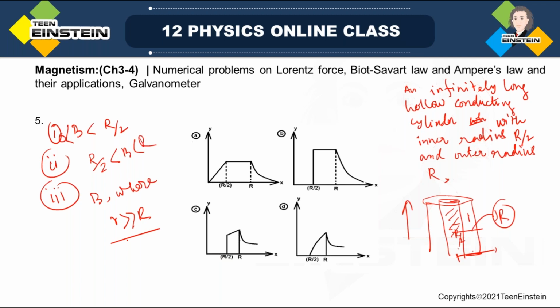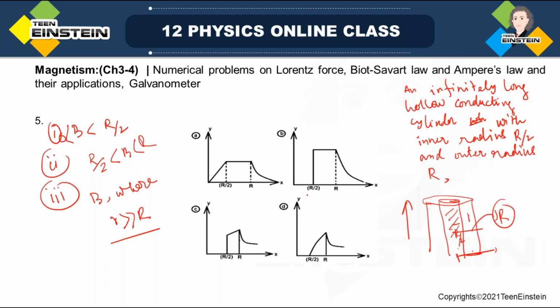So these are the conditions. In these places, if you can find out the magnetic field, then you will be able to see the variations of the magnetic field with radius.